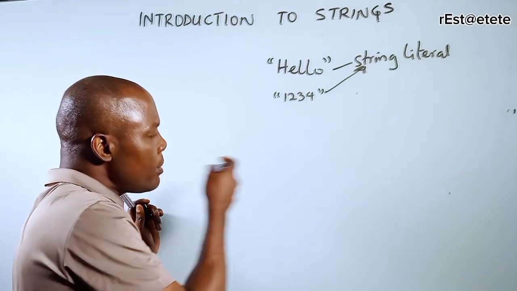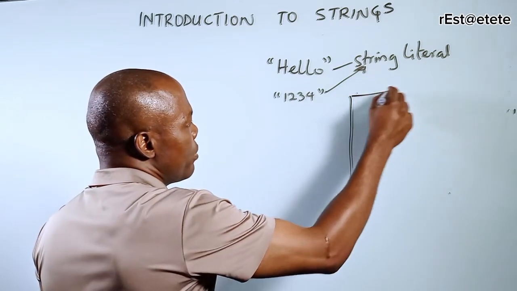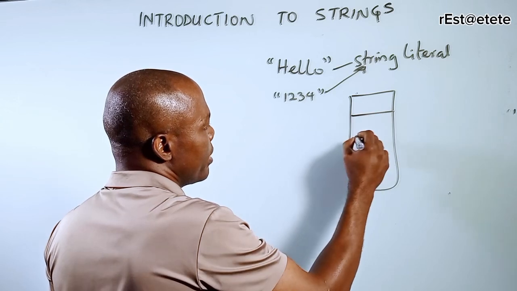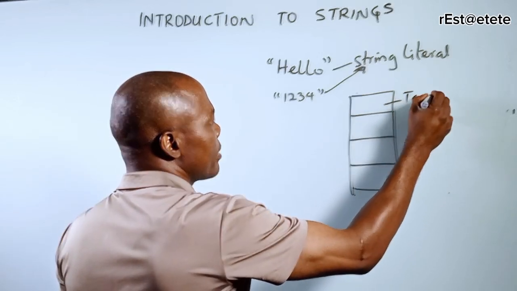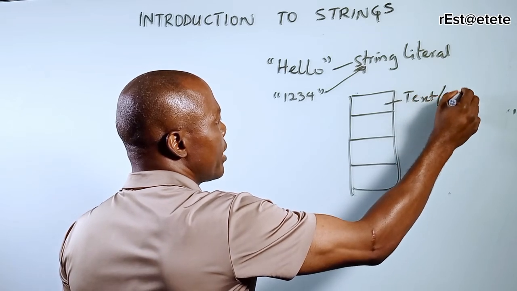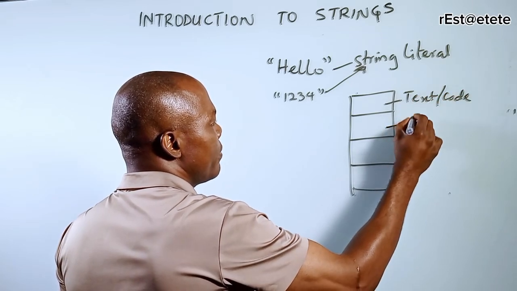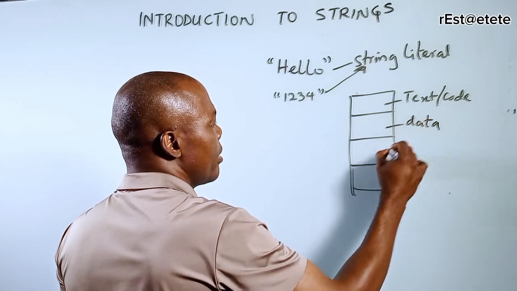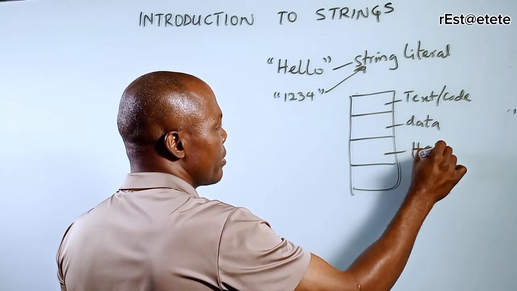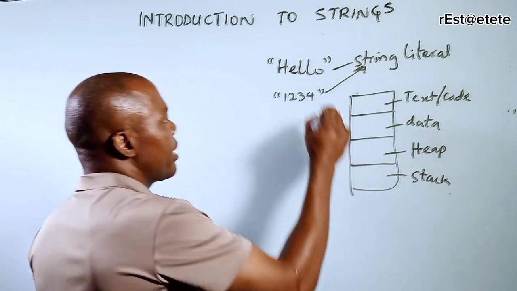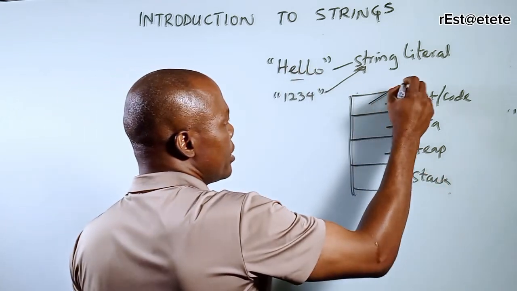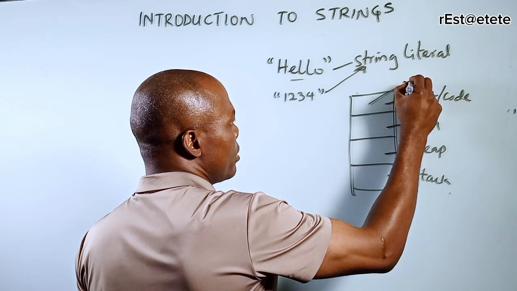Now, I told you that memory is divided into several segments. So we have the text slash code segment, then we have the data segment, we have the heap, and then we have the stack. Now, a string is stored in the text segment because it is what?